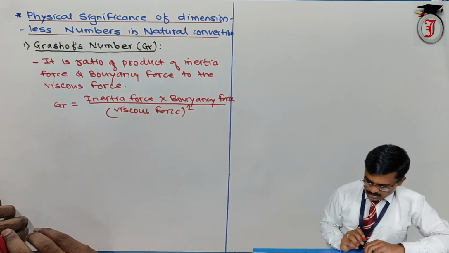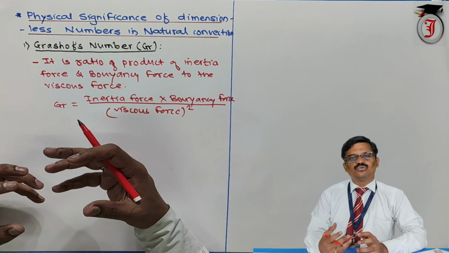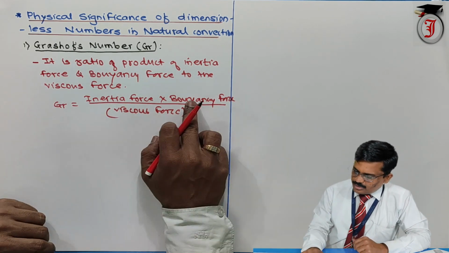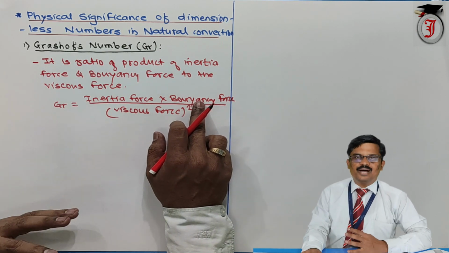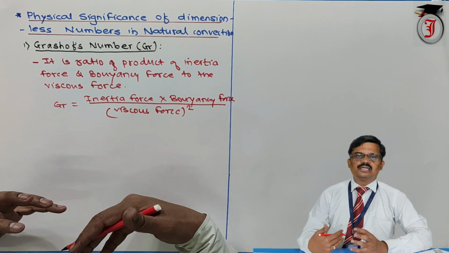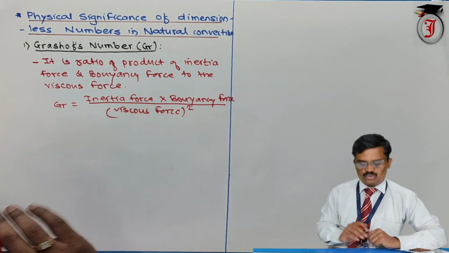force. Okay, and we know inertia force is related to velocity. Due to velocity we have inertia. Then buoyancy force is nothing but force acted by the fluid in an upward direction on the solid surface, and viscous force is related to the viscosity.